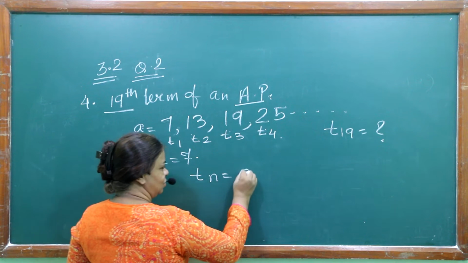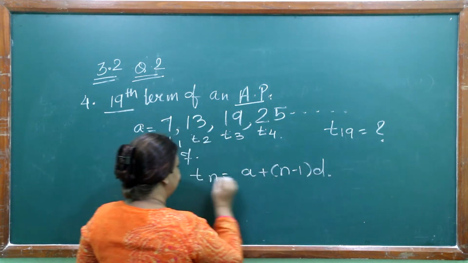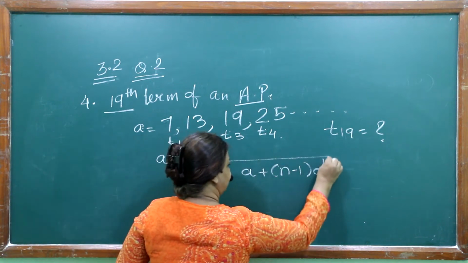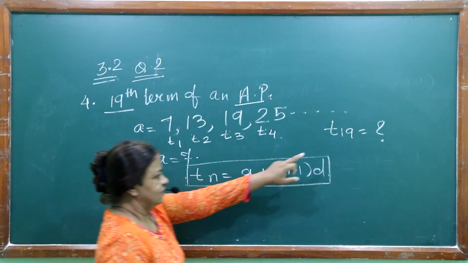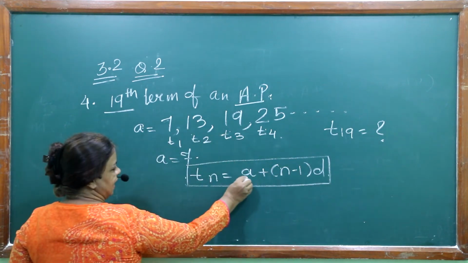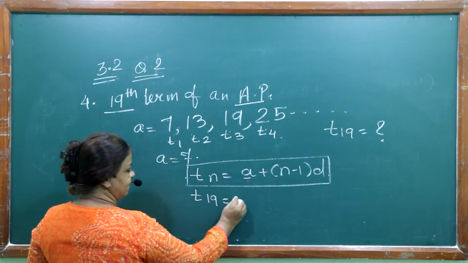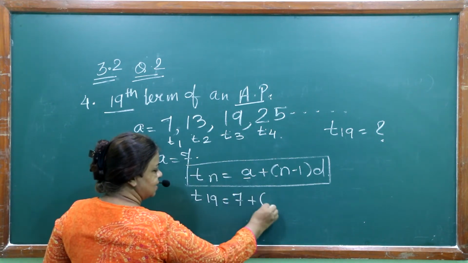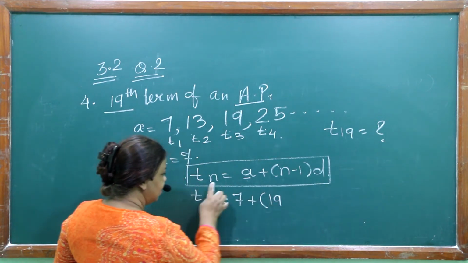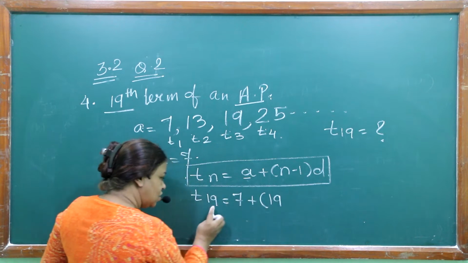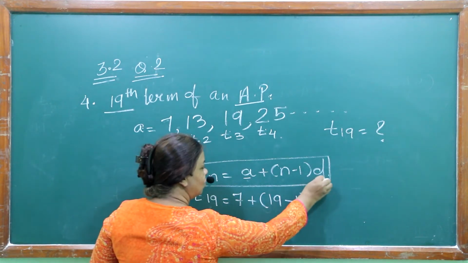Tn is equal to A plus n minus 1 into D. So n is here 19 and A. Let me write T19. What is A? A is 7. 7 plus n is 19. If here it is n, here also n. So if here it is 19, here also will be 19. 19 minus 1. And what is D?